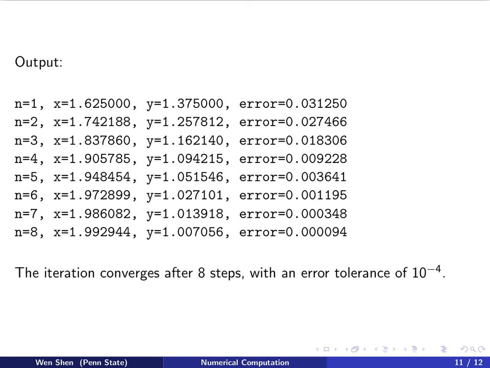And now this is the output of that program. We see that the iteration ends after a few steps, starting from the initial guess, and this is the result after 1 iteration, and this is after 2. And after 8 iterations, the error is 0.000094, which is less than our tolerance.